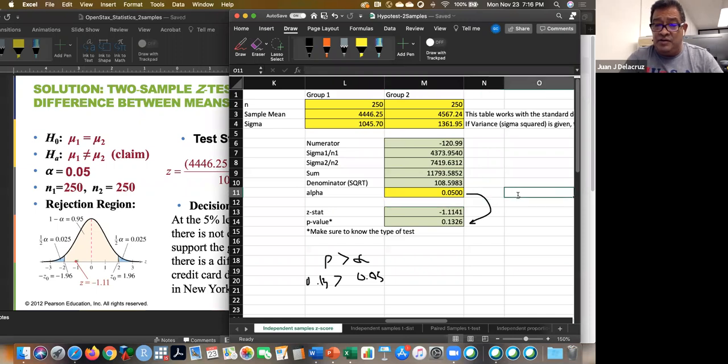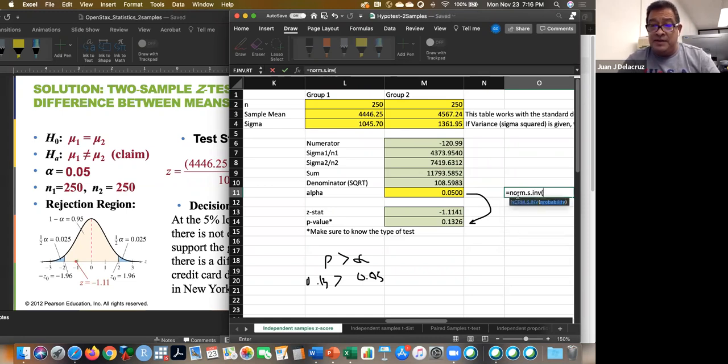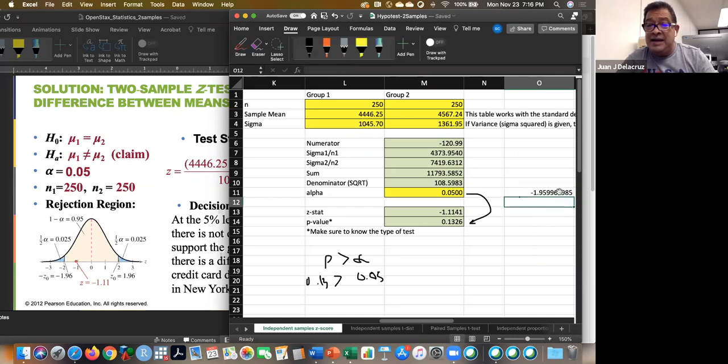Here I'm going to use NORM.S.INV with the probability. Because this is a two-tailed test, remember, I'm going to use the 0.025 probability, and my Z-score is going to be 1.96, right? Remember, I am using the NORM.S.INV function.